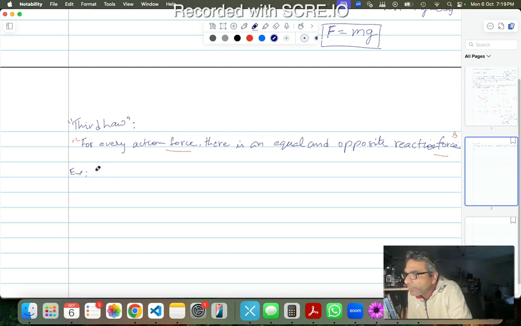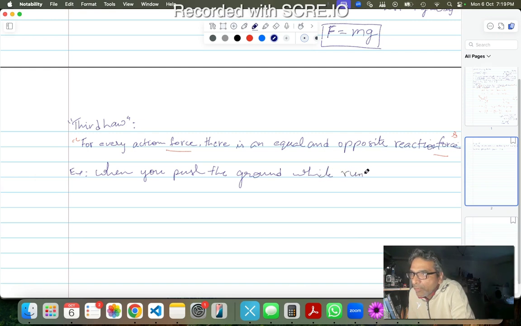When you push the ground while running, the ground pushes you forward with equal force.